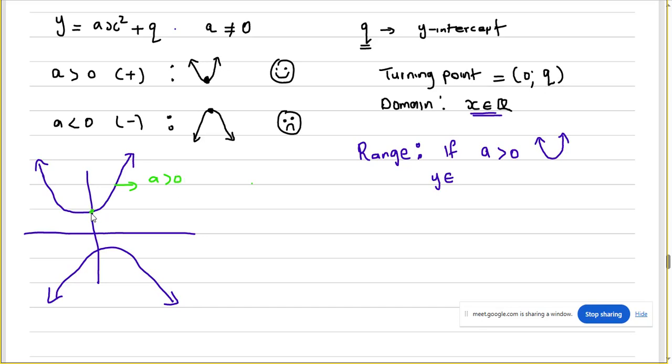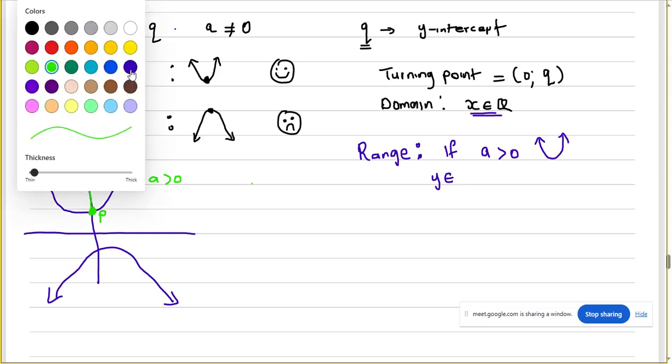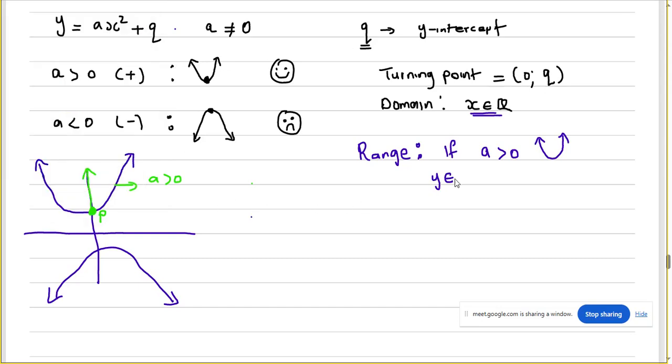So it starts from this point, and if you remember, this point is P. It takes from P going up, which makes the range y must be an element of, from P, and P is included. So we use a big bracket like this to show that the value of P is included.